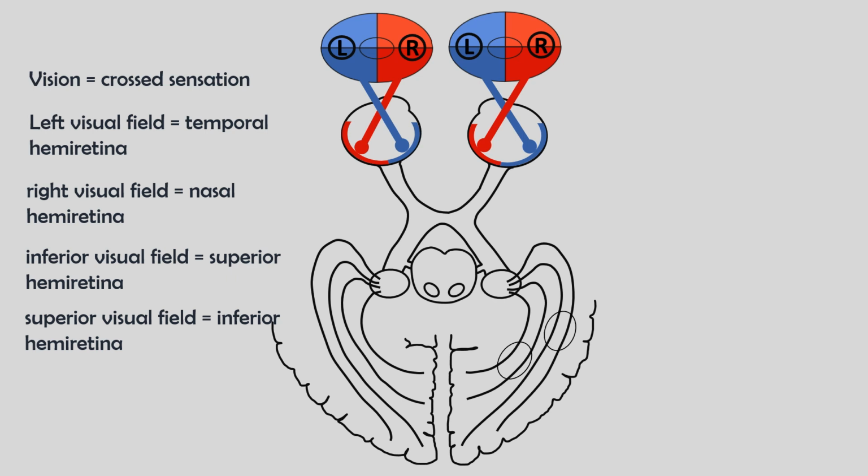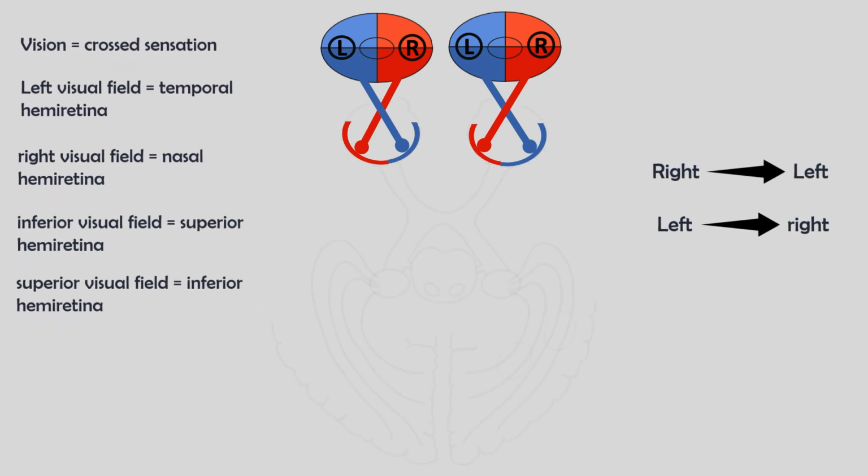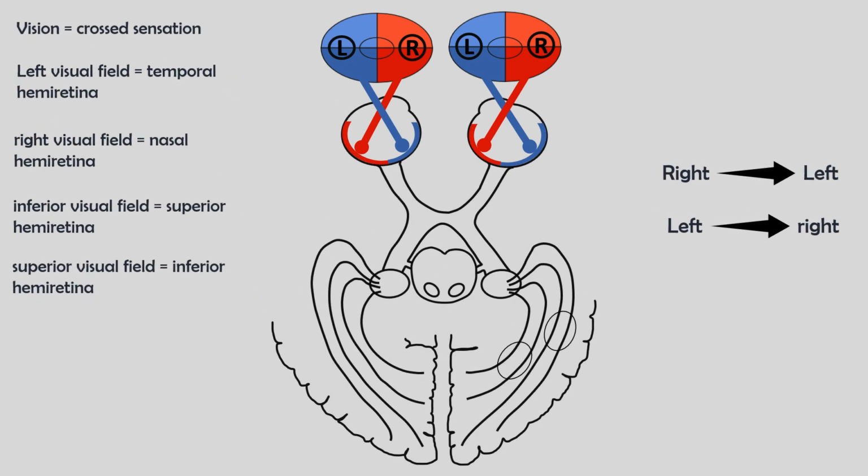From all of this, one thing you need to remember is that anything that comes from the right goes to the left, and anything from the left goes to the right. See the right eyeball and the temporal hemiretina receiving the visual field from the left, and anything that comes from the left goes to the right.